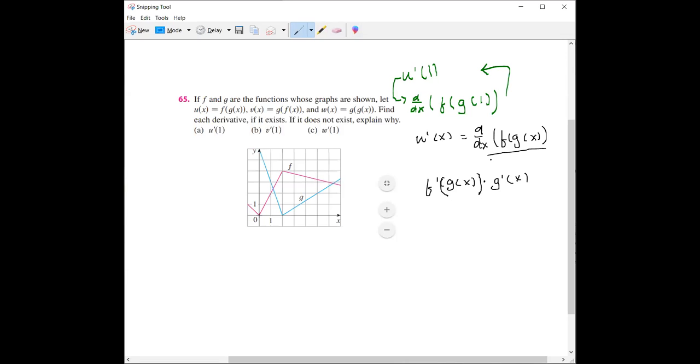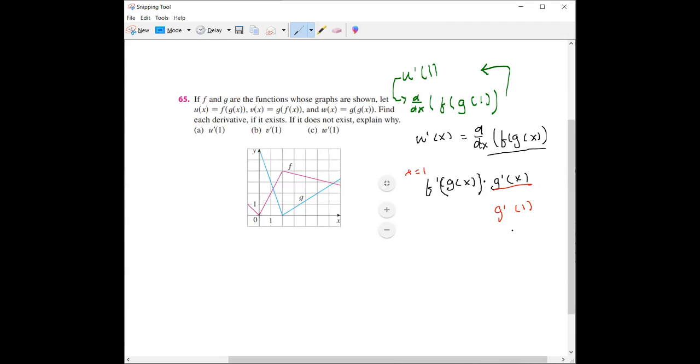And if we think back to composite functions, let's start with g prime of x. G prime of x, what is it graphically speaking? It's going to be the line tangent to the curve. We're looking for u prime of 1. We know that our x is equal to 1, so this is going to be g prime of 1.